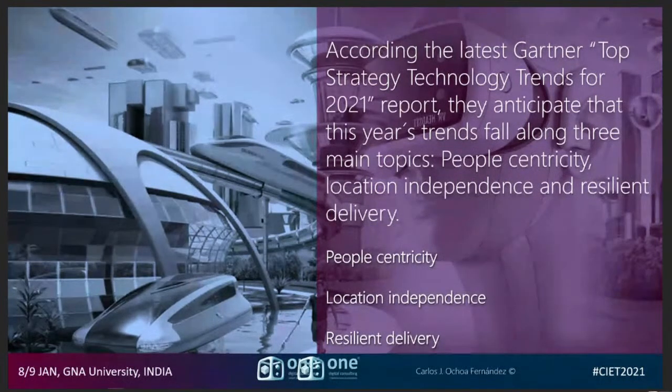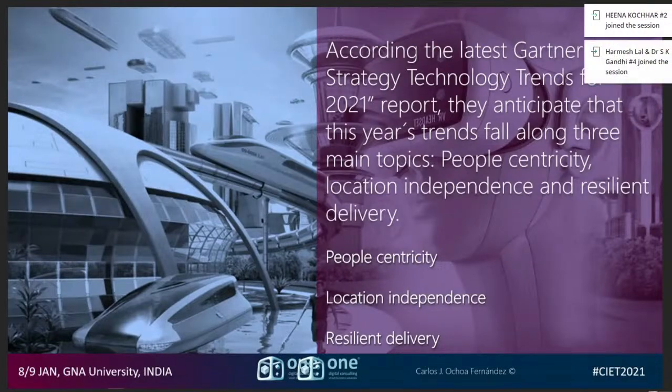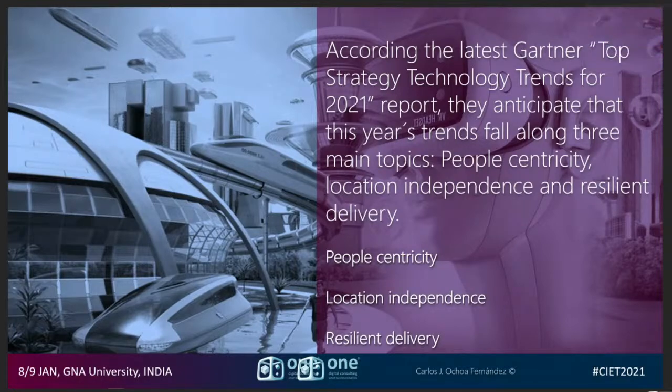We are talking about location independence. COVID-19 has shifted where employees, customers, suppliers, and organizational ecosystems physically exist. Location independence requires a technology shift to support the new version of business and resilient delivery, where a pandemic or recession volatility exists in the world.